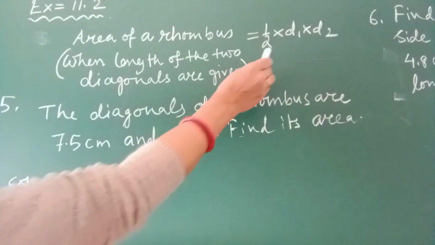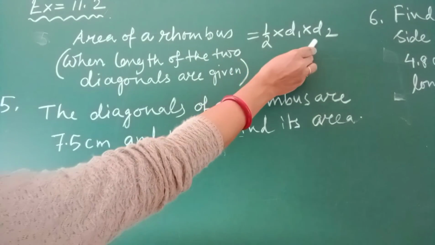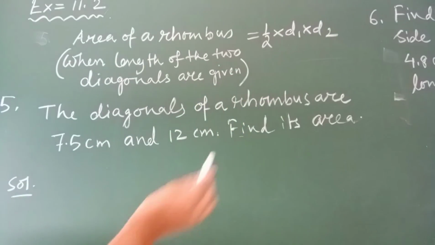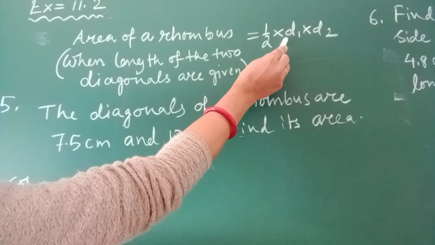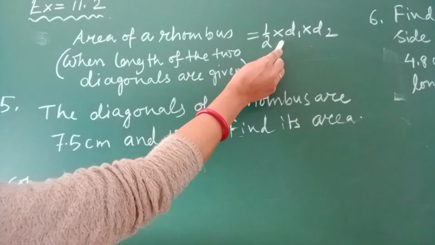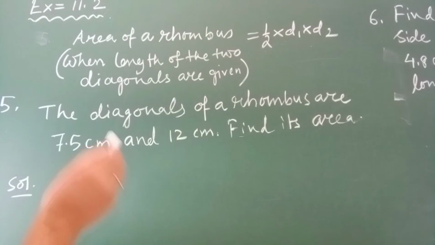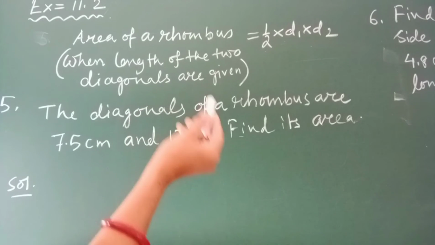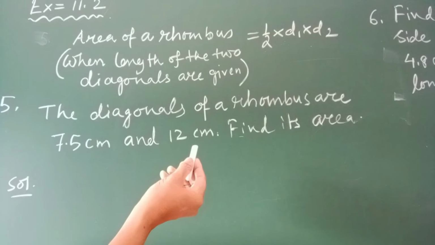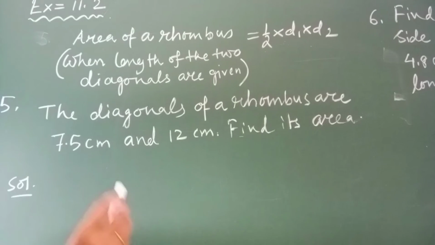What is D1 into D2? Diagonal 1 into diagonal 2, the product of the two diagonals. So if two diagonals are given and you have to find the area of the rhombus, you find the product of the two diagonals and then divide it by 2, you will get the area of the rhombus.